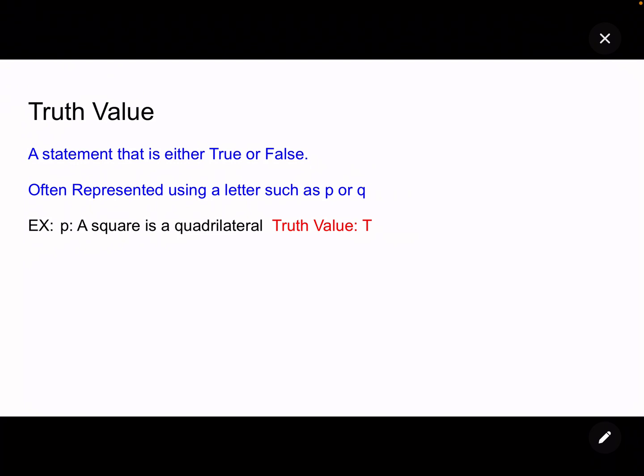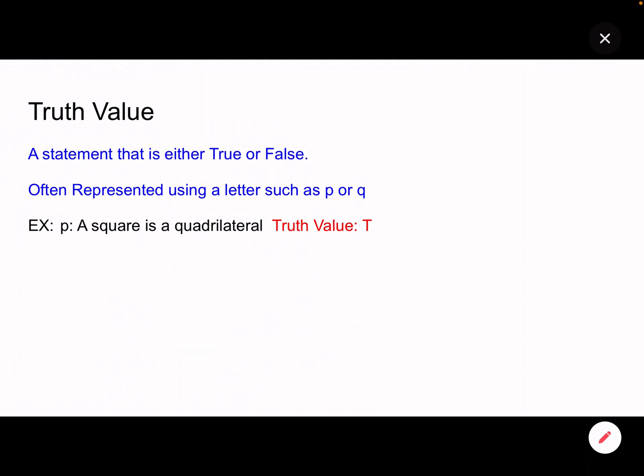We're going to start with this idea of a truth value. A statement that is either true or false will have a truth value, often represented using a letter. The letters that we use for these truth values are P or Q. We use these different statements and we say, okay, is P true, is Q true?